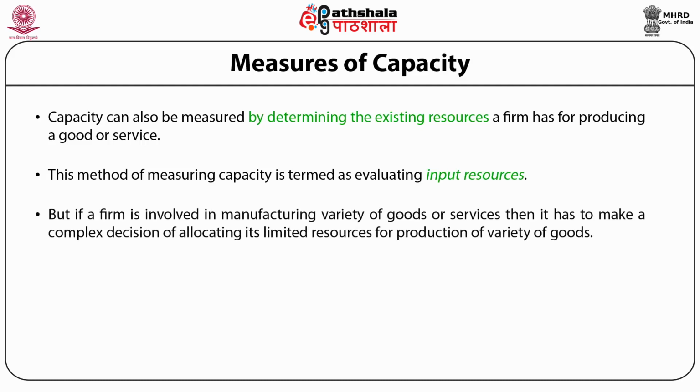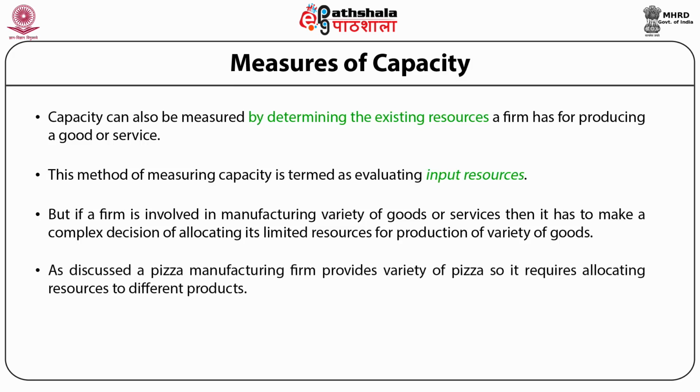But if a firm is involved in manufacturing a variety of goods or services, then it has to make a complex decision of allocating its limited resources for production of a variety of goods. As discussed, a pizza manufacturing firm provides a variety of pizza, so it requires allocating resources to different products.